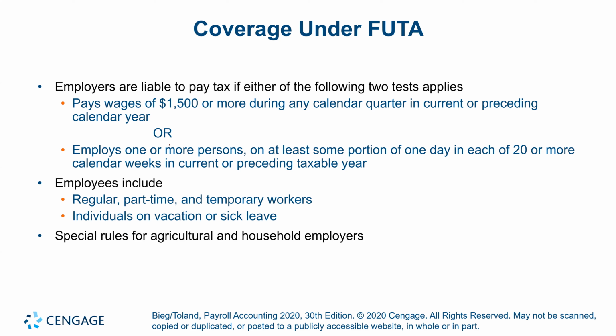The second is employing one or more persons on at least some portion of one day in each of 20 or more calendar weeks in the current or preceding taxable year. Employees include regular, part-time, and temporary workers and individuals on vacation or sick leave. There are special rules for agricultural and household employees, which you'll find at the bottom of page 2, chapter 5.